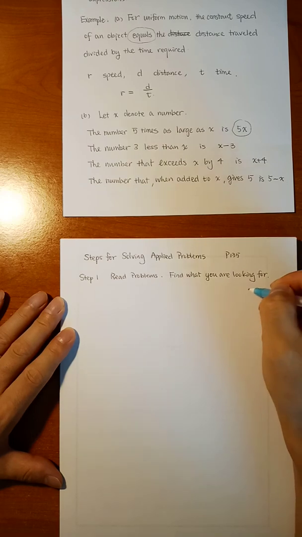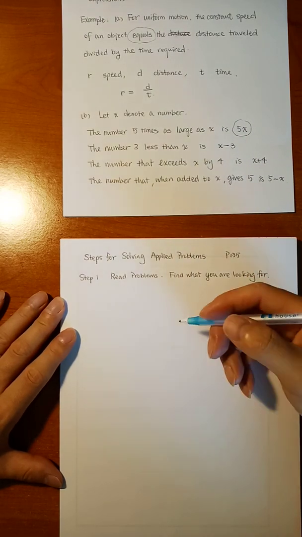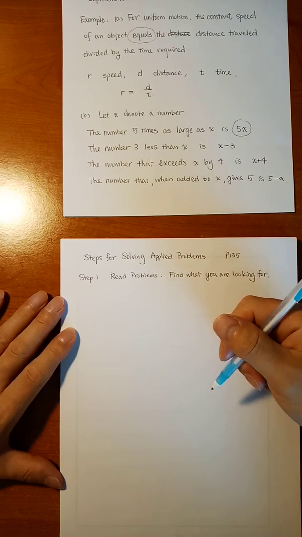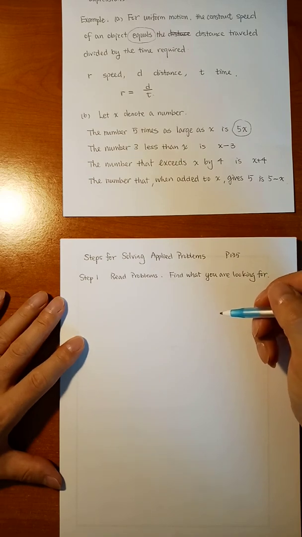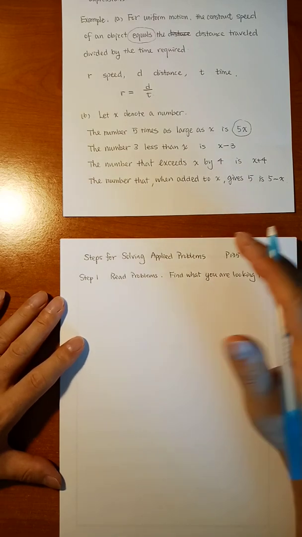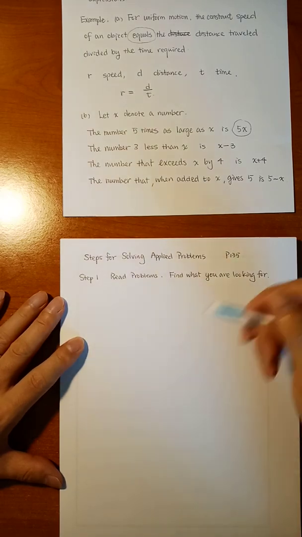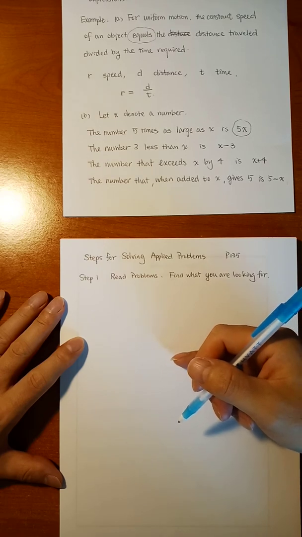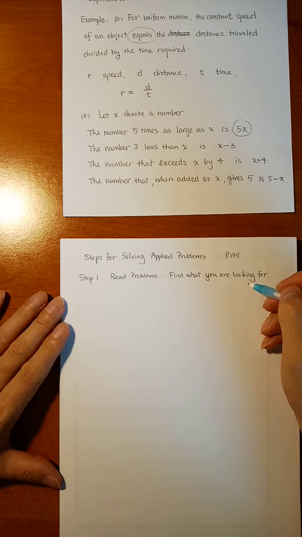You want to solve for the distance, or you want to solve for the speed, or you want to solve for the time. Okay? So if you can, you're going to determine the realistic possibility for the answers. Well, if you can do that, you will skip the rest of the steps. So basically, you cannot do it. You cannot find the realistic possibilities for the answers. You just figure out what you're trying to compute.